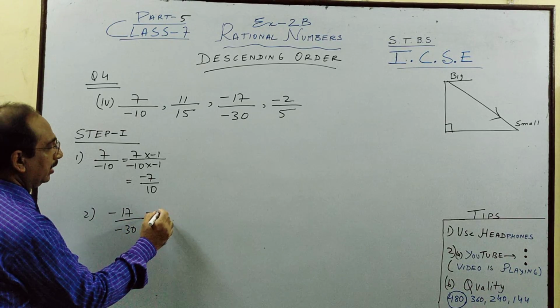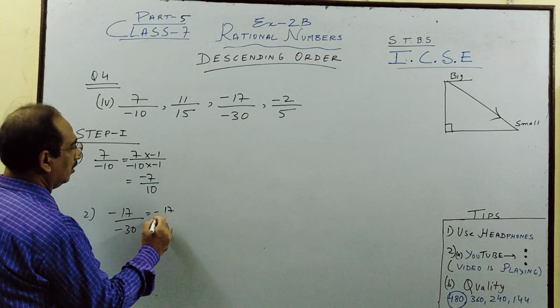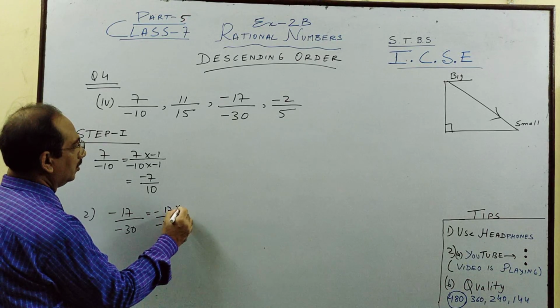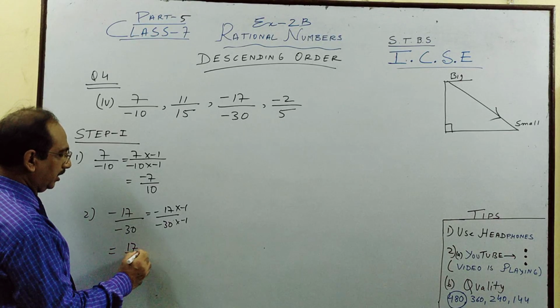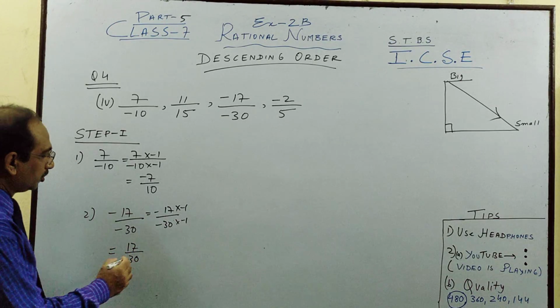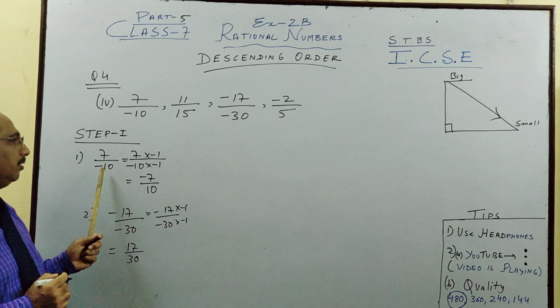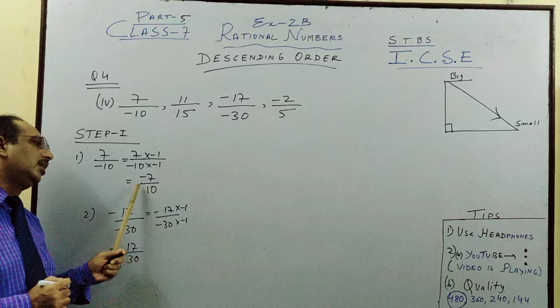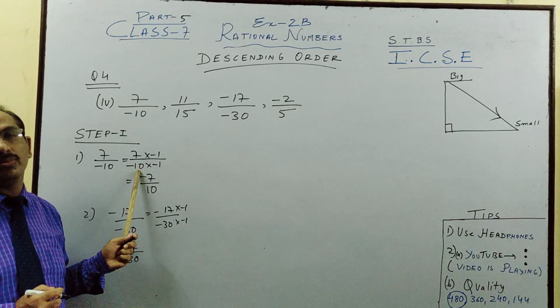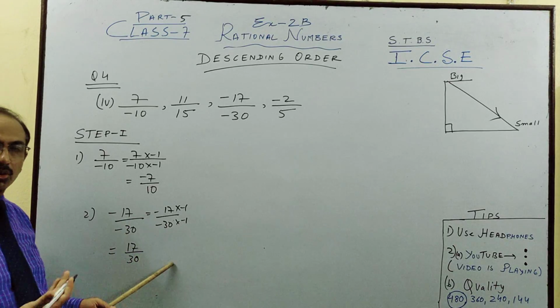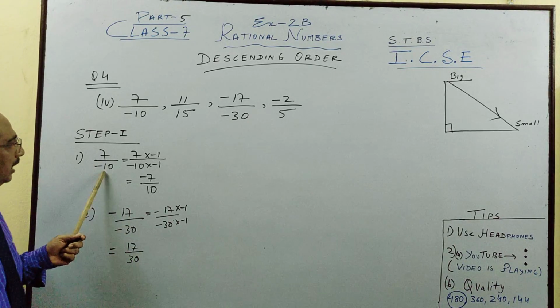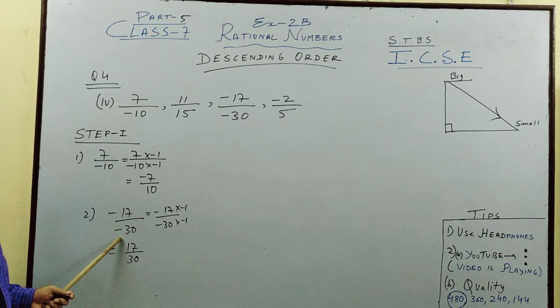So minus 17 by minus 30 into minus 1 into minus 1, I get 17 by 30. In fact, one shortcut, children, I'll tell you: if there is a minus in the denominator, you can take it into the numerator. If both have minus, they cancel. But since standard books show this step, I am showing you. Any one minus can go up because both minuses will cancel.